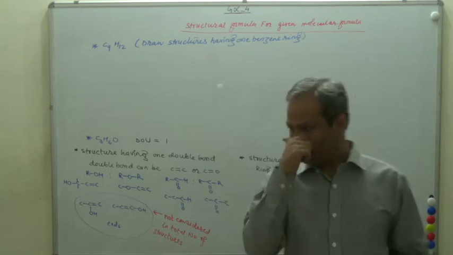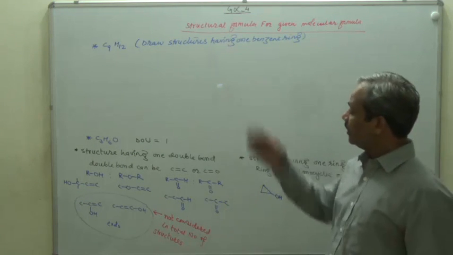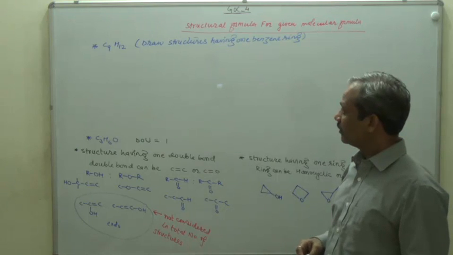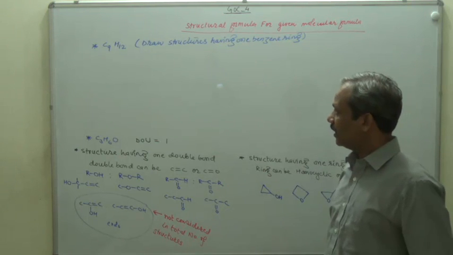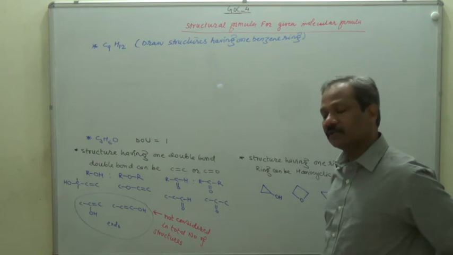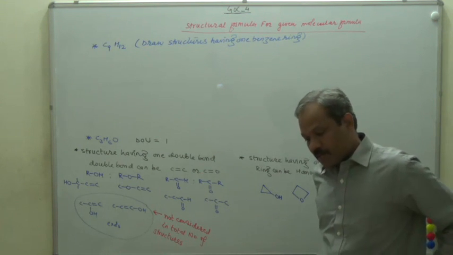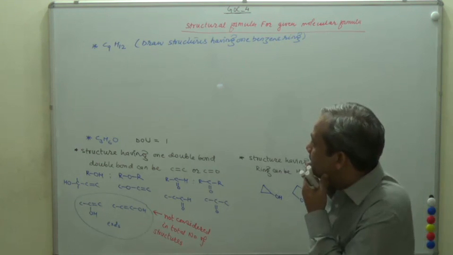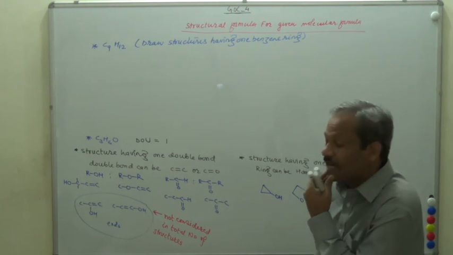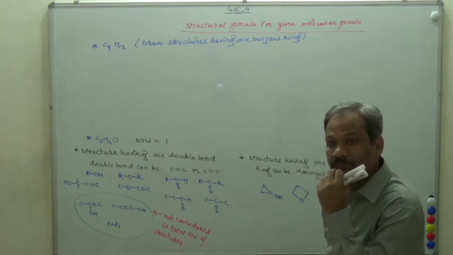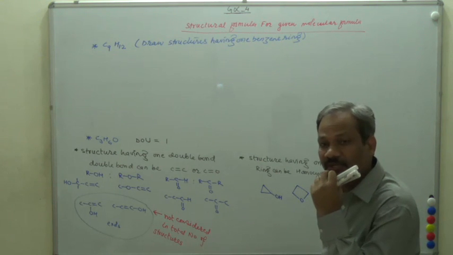When we determine the degree of unsaturation in this compound, it is already in the form of a hydrocarbon, and an alkane of 9 carbon atoms contains 20 hydrogen atoms, C9H20.